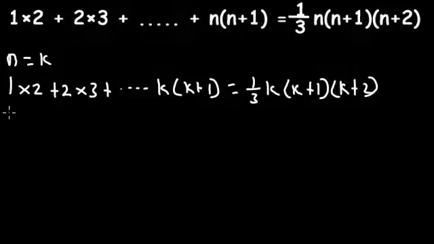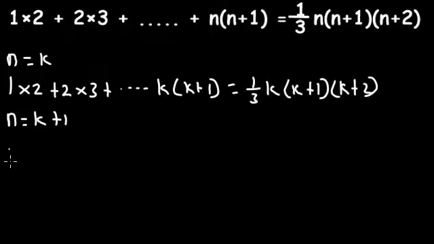Now the next thing is to move to the third step, which is the last step. So we want to show that when n equals k plus 1, the equation is also true. So when n equals k plus 1, for the left hand side, which has the series, we will have k terms before the k plus 1 term.